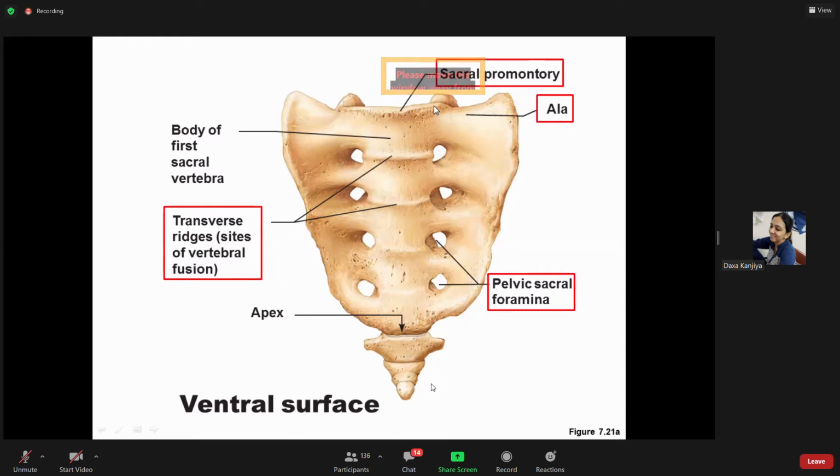These foramina communicate with the sacral canal through the intervertebral foramen. This is the body of the ventral surface of the first sacral vertebra. And this is the lateral mass, formed by fusion of the transverse processes.